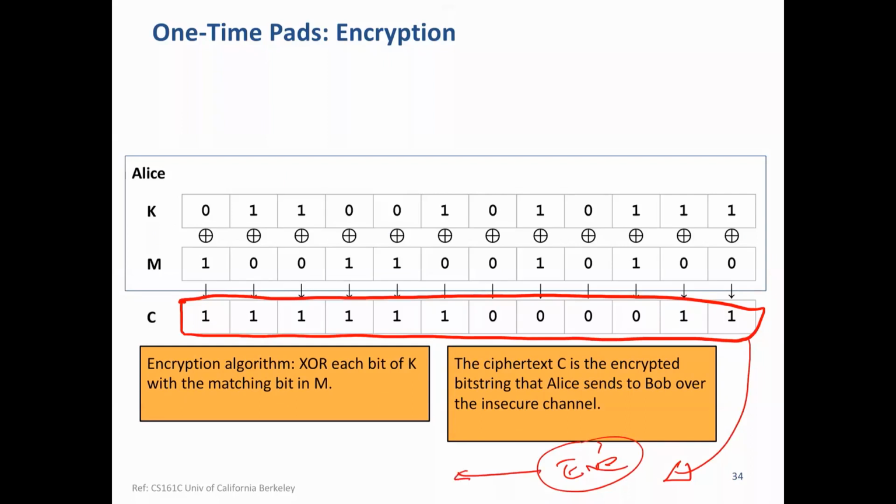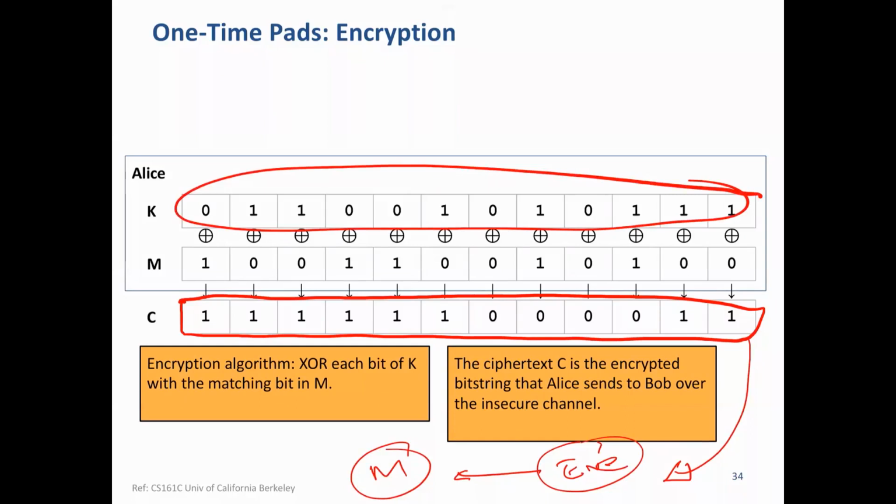Can she find out what the message M is from this, unless she knows everything about the key? She received only C. She also knows that the encryption algorithm is XOR, because we know that the encryption algorithm cannot be kept secret, and she knows that bit-by-bit XOR is the encryption method.